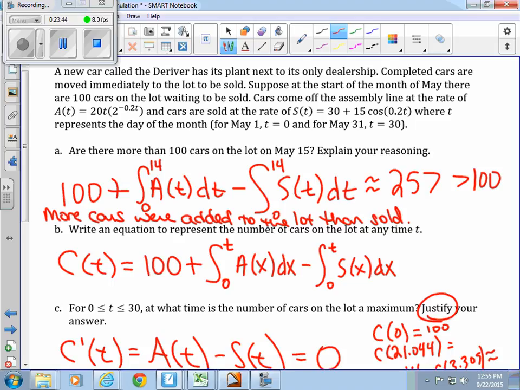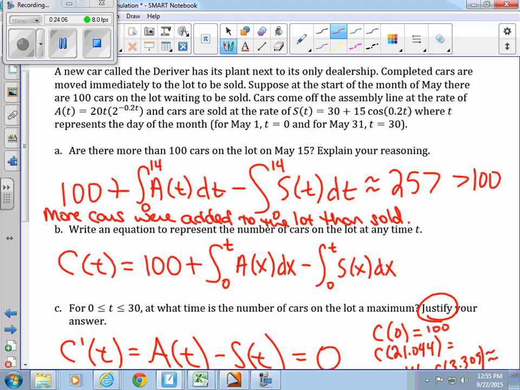Now the 21.044, we didn't store that value. Everyone listen to this really quick, because you need to know when that's okay and when it's not. I'm going to argue that it's okay that we didn't store that value because this did not ask me what is the maximum amount of cars, it just asked me when.